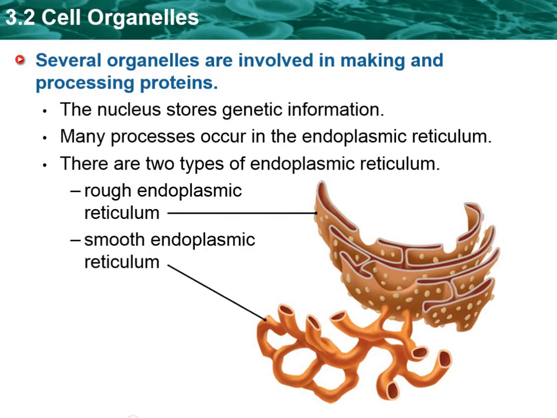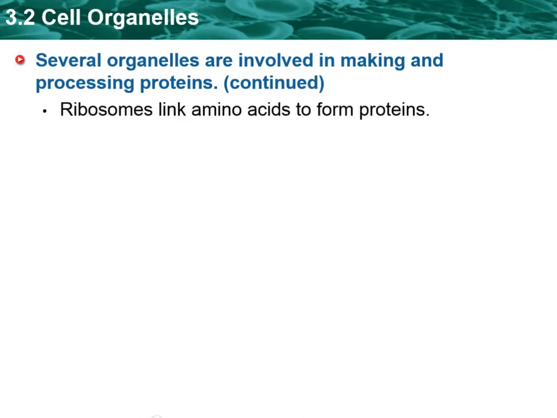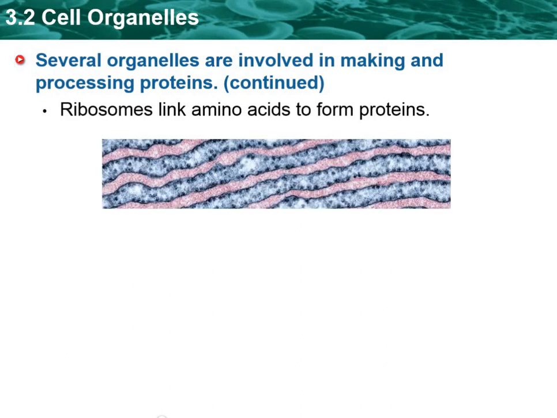You have smooth ER, and it gets the name smooth ER because it does not have any ribosomes on there. Smooth ER, it's going to be sort of responsible for helping make lipids and things like that within the cell. So, like I said, ribosomes, their job is to link amino acids to form proteins.